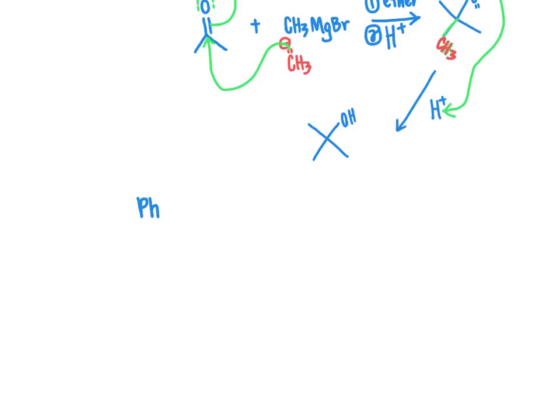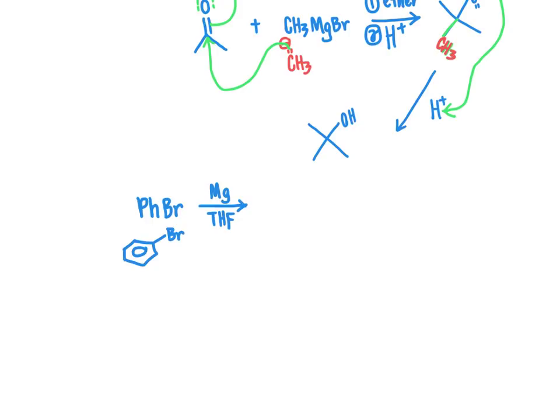So we're going to start here even before we have synthesized the Grignard reagent. So this is going to be a bit of a throwback to earlier topics here. In the first part of the reaction, we're going to take phenyl bromide. So that's what our Ph stands for, our aromatic ring here, directly bonded to bromine. And you should know how to synthesize that based on our discussion of electrophilic aromatic substitution reactions.